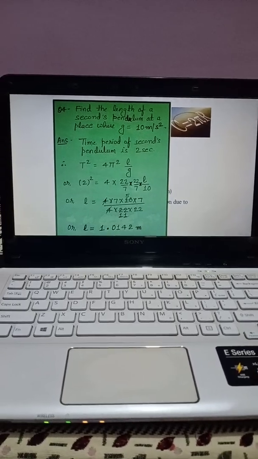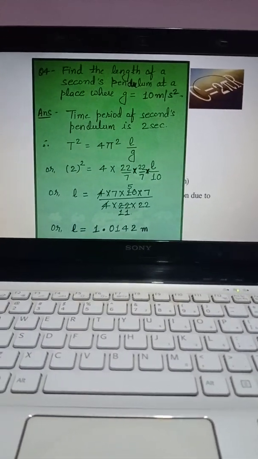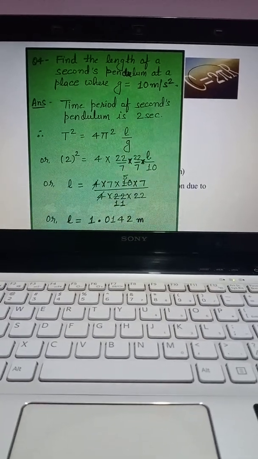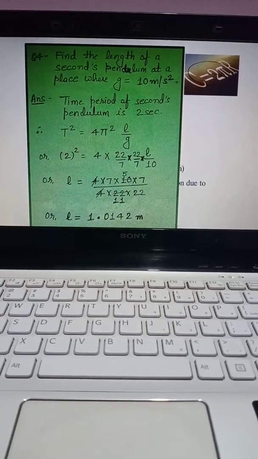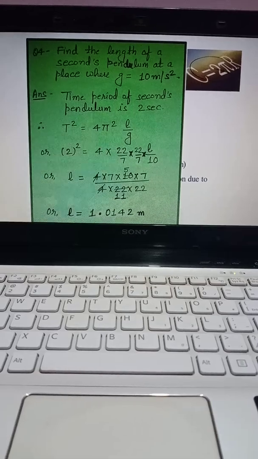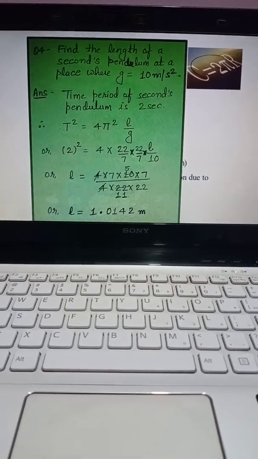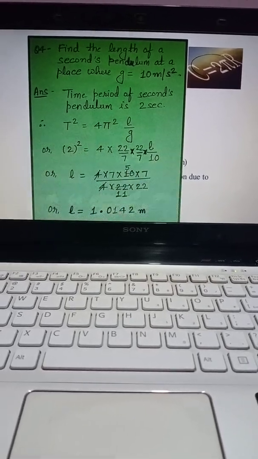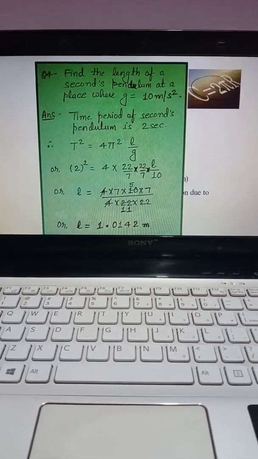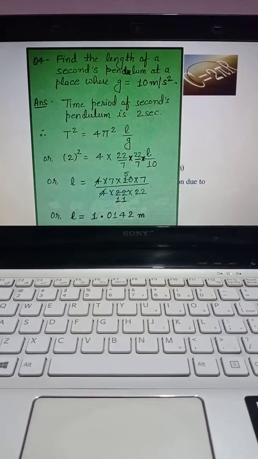So next numerical. In the next numerical, we are going to see: find the length of second pendulum at a place where g is equal to 10 meter per second square. Again, this question is related to the second pendulum.